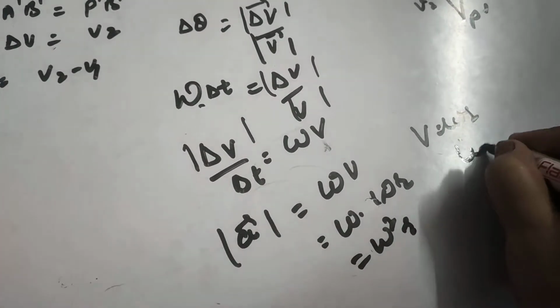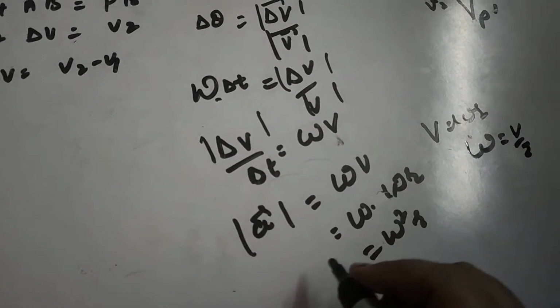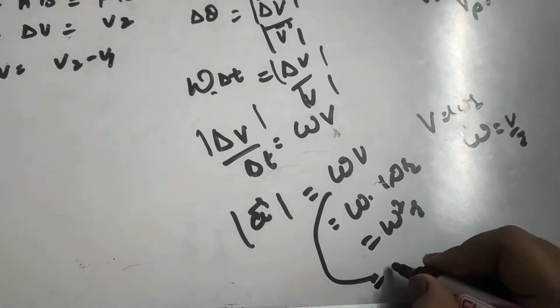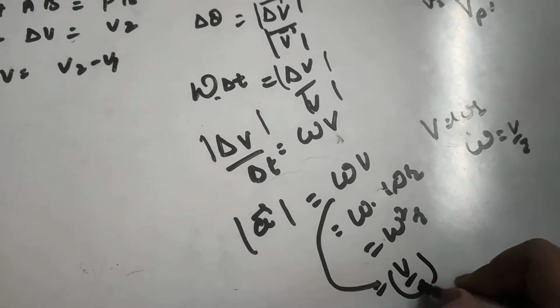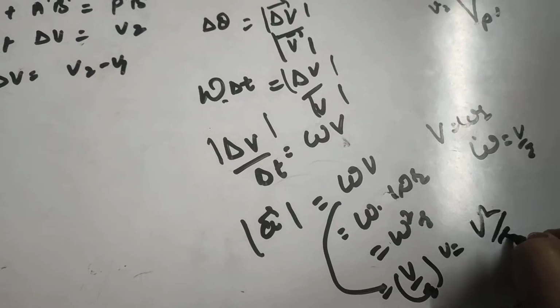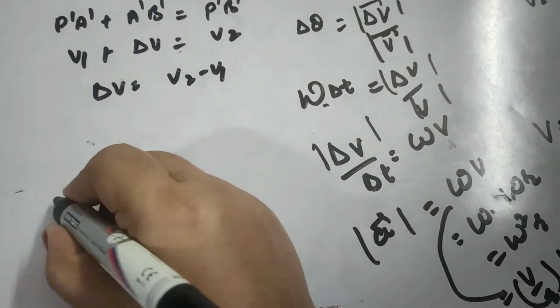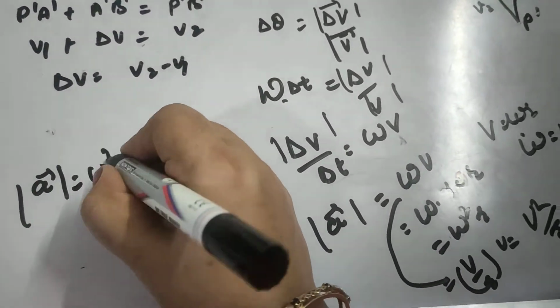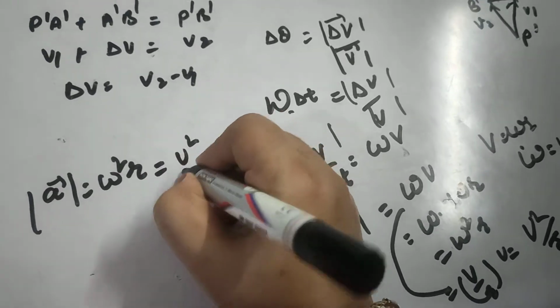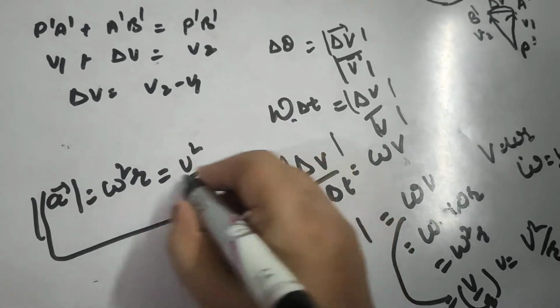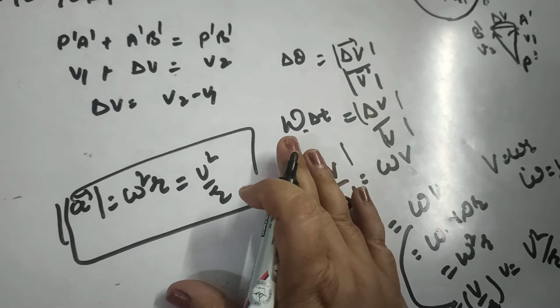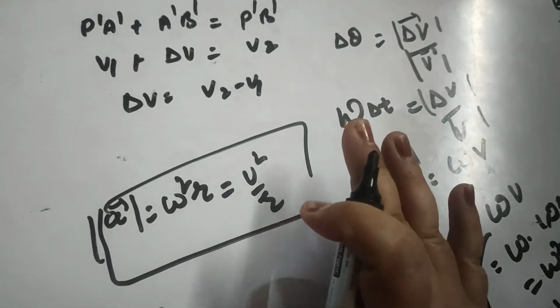Or, putting omega equal to v by r in this expression, omega v becomes v by r into v, which is equal to v square by r. So acceleration has the values omega square r or v square by r. These are the two values of the uniform acceleration, known as centripetal acceleration.